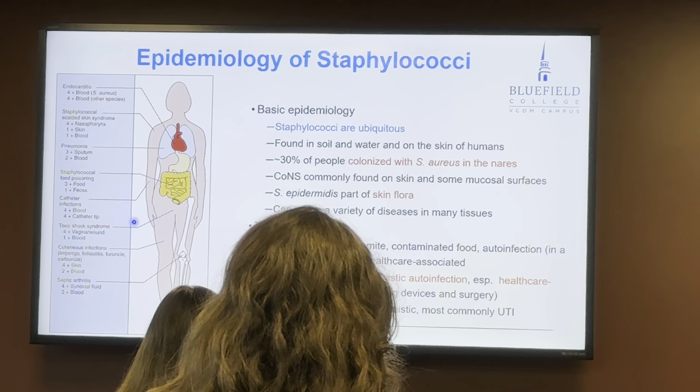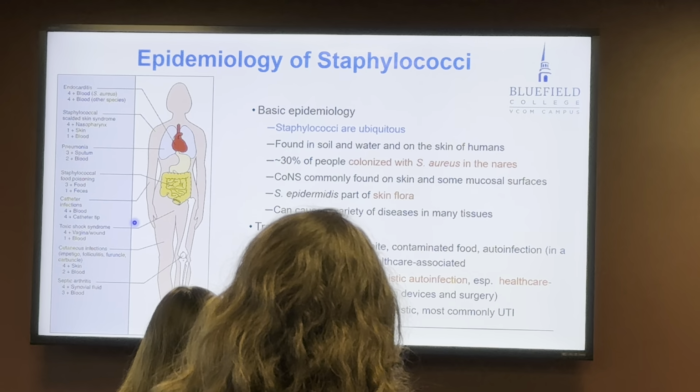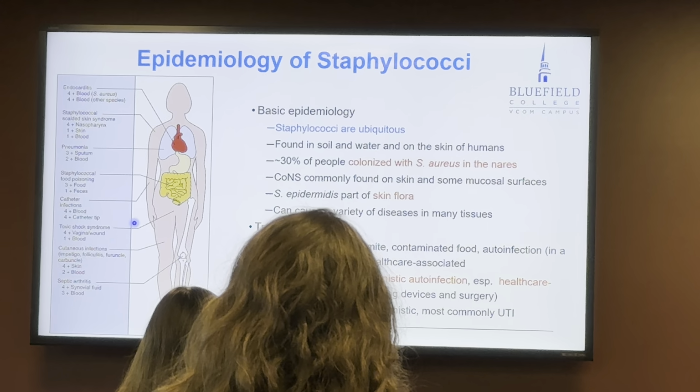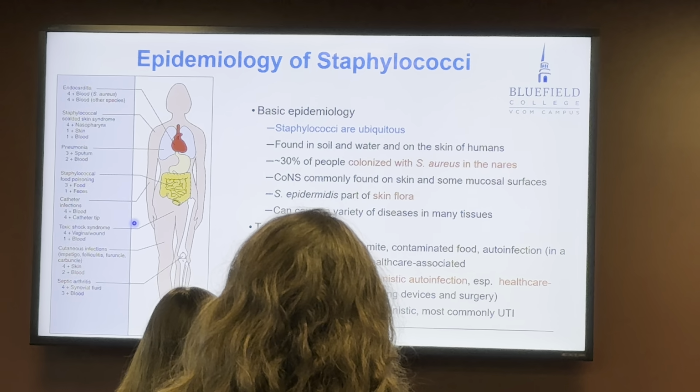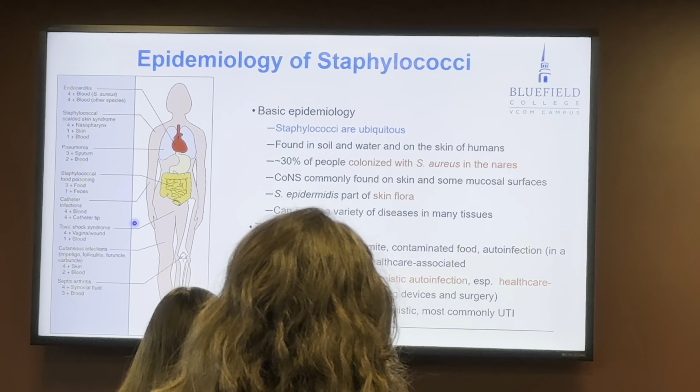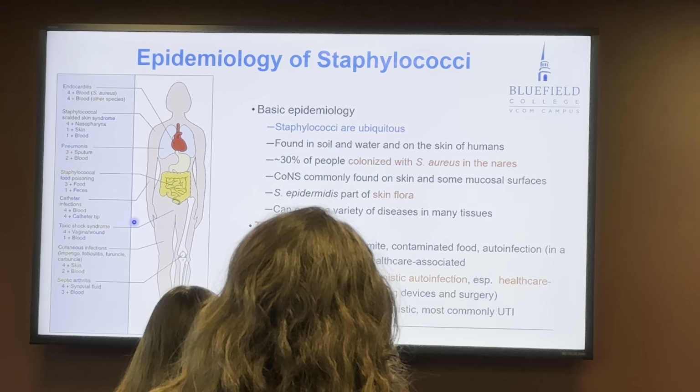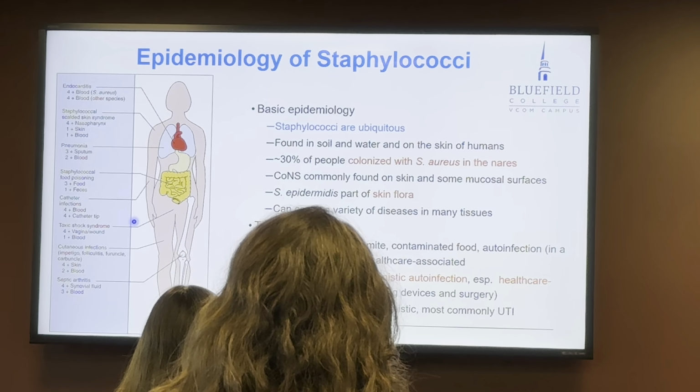And then Staph saprophyticus is also opportunistic because it's colonizing the GU tract, and then it can get inside the body instead of just the outer surface, and you've got infections in certain people, and we'll see that in a couple minutes.